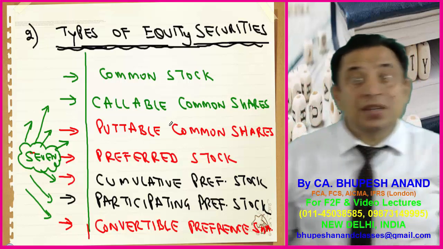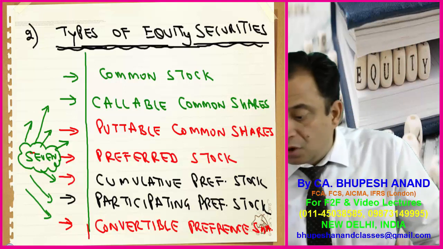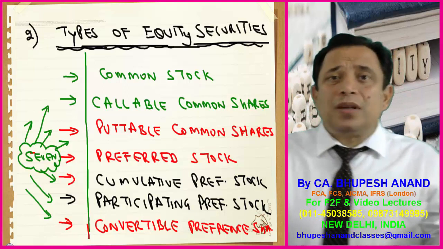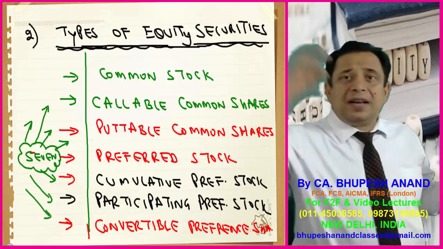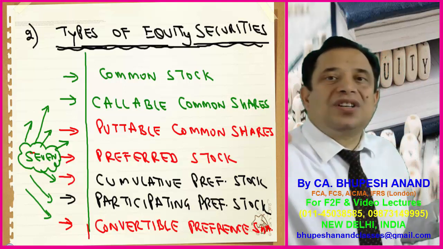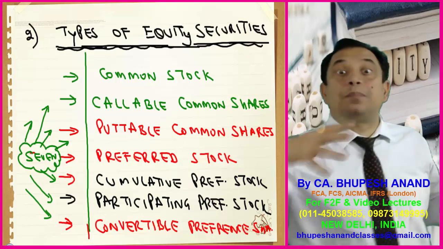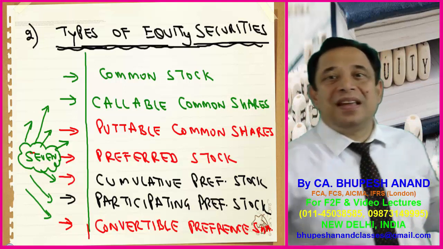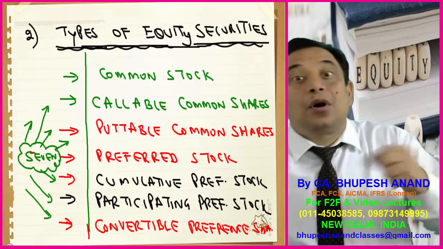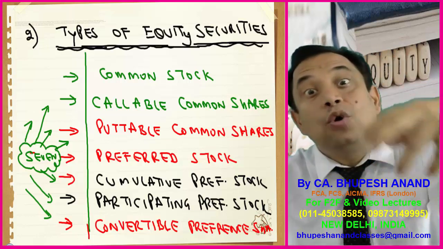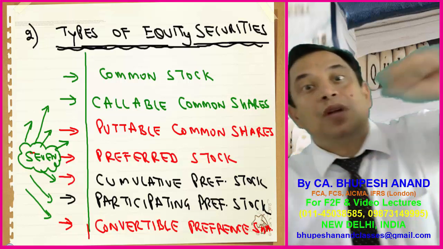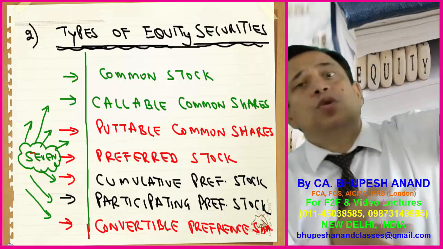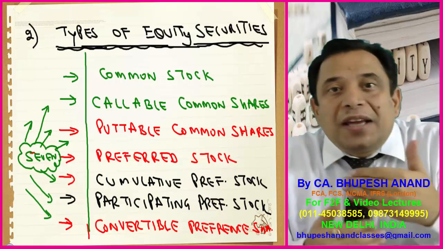Now, can you tell me what is the meaning of a common share? It is nothing but an equity share. In the USA we say common stock, but in India we generally call it equity shares. Those shareholders who have part ownership of the company have the residuary claim, because if the company goes into liquidation, we first have to pay the outsiders, and only after paying all the outsiders do we pay common stock.